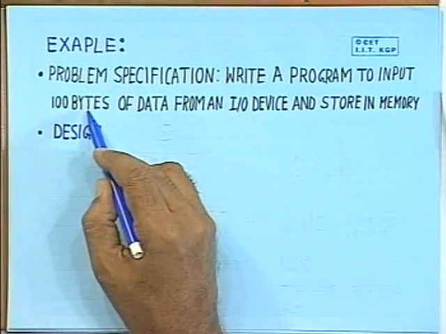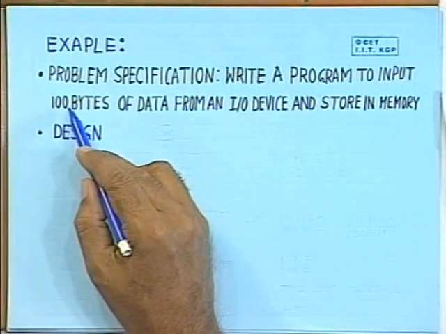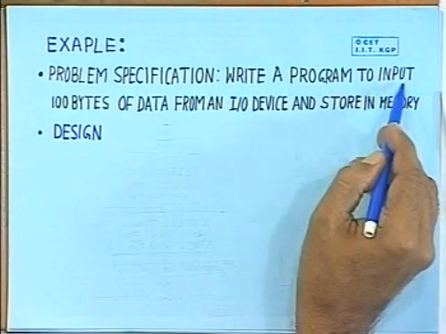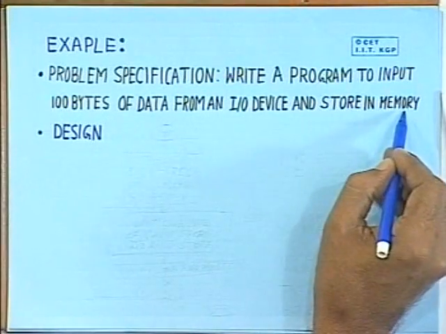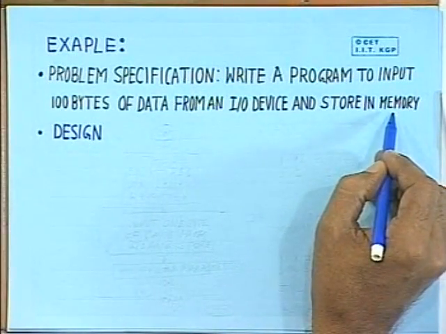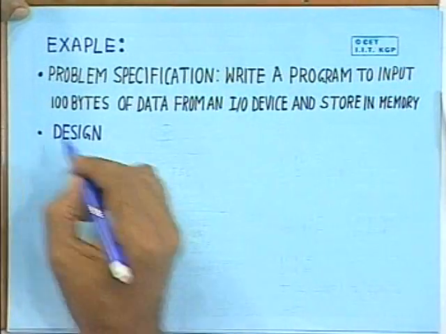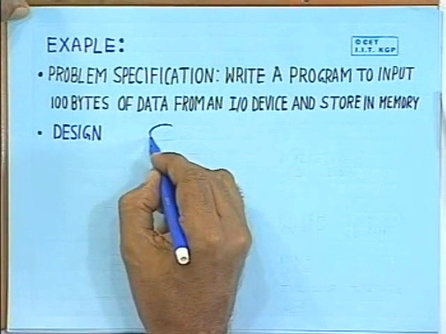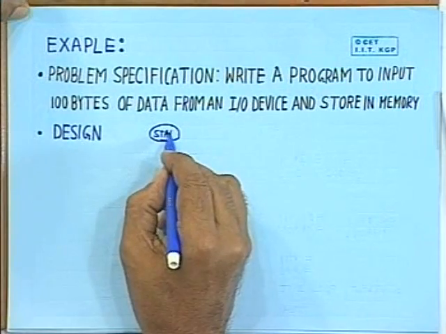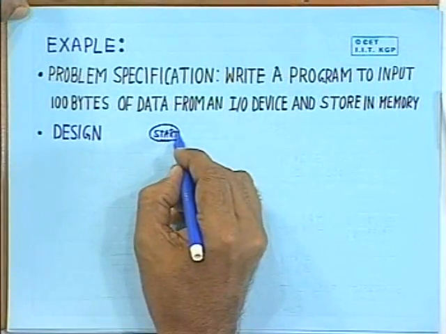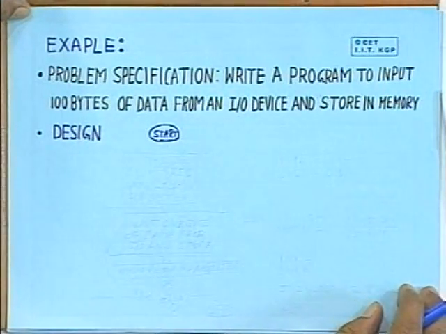That means you have to repeat reading of data from an input device 100 times and store it in memory. That also has to be repeated. Obviously, in the design phase, you will develop the flowchart to get the structure of the program.